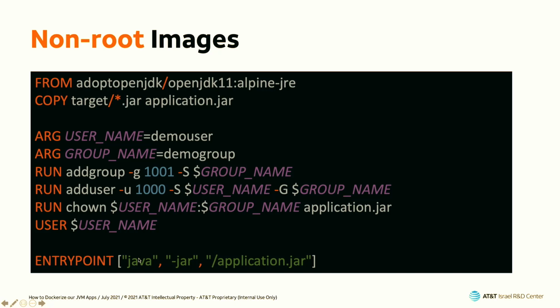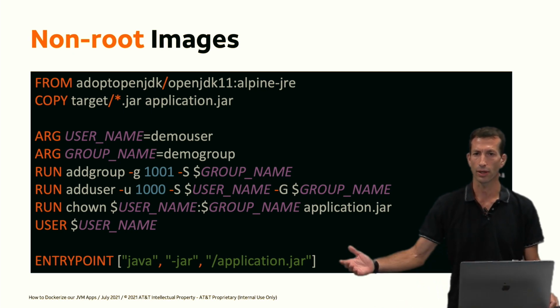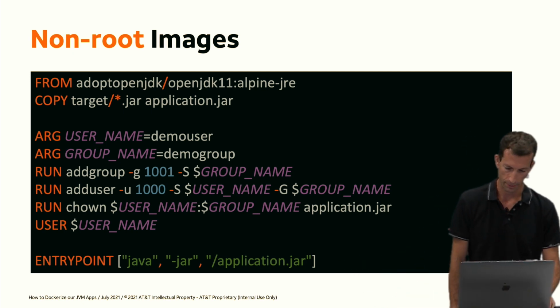So nonroot images, very highly recommended, easy to do. There's no reason not to use them. And this is one of the, I think, most common pitfalls that I run into when working with teams. And it's really a shame because it's so easy to fix.